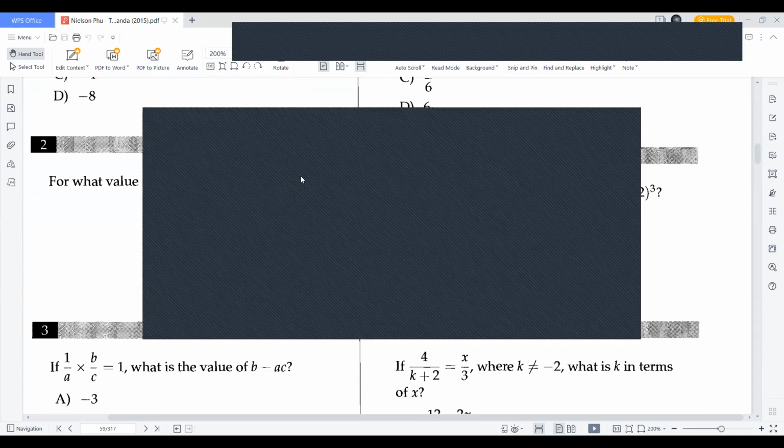You guys should know this by now, but if you have negative a raised to the n, then if n is even, the answer will be positive.